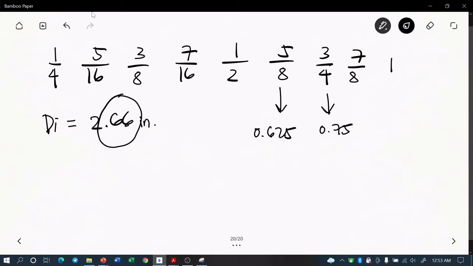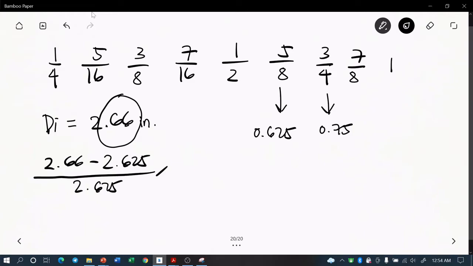Okay, so 2.66 minus the closest, which is 2.625, over the 2.625 times 100%. So this expression will determine the percent difference of our computed value and the closest standard size.